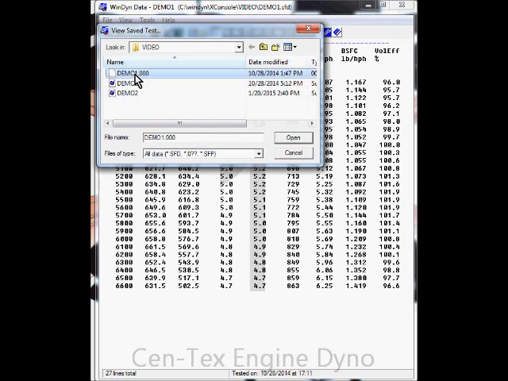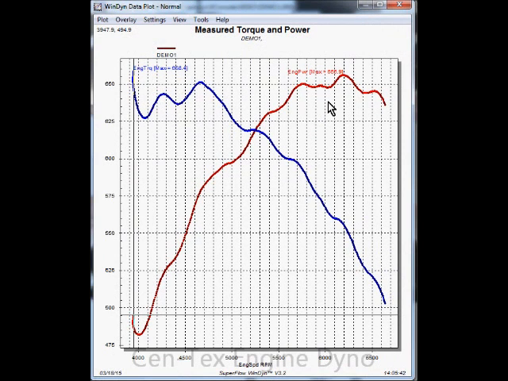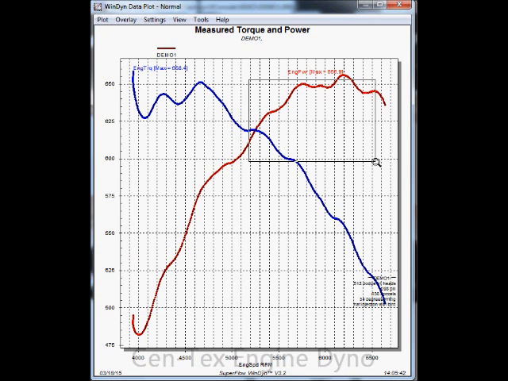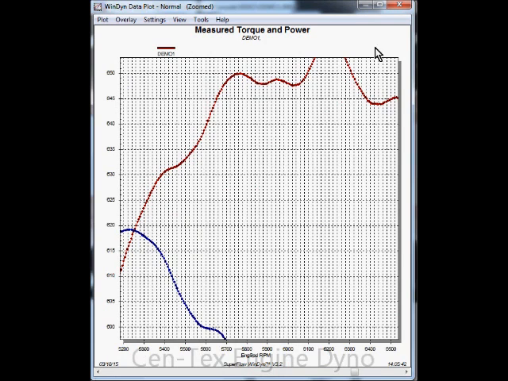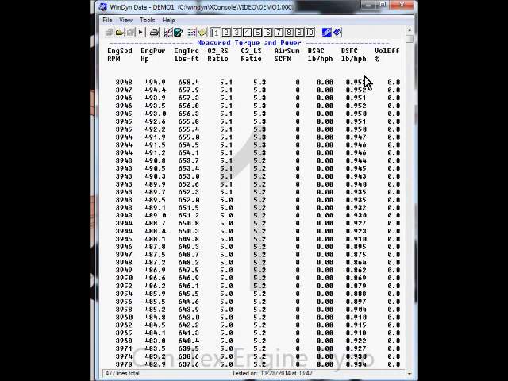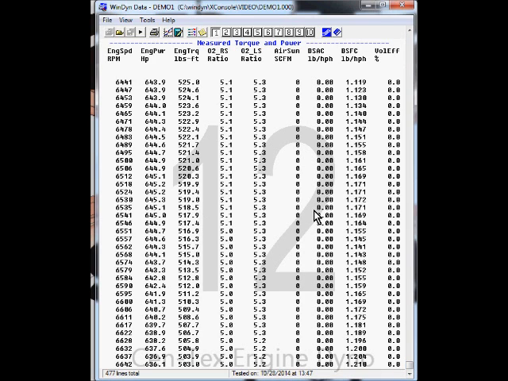Here we go. This is a data point. You'll see these lines are thicker, because if you zoom in here real quick, you'll see they're even thicker. But anyway, this list is page 1, and it's literally collecting data every RPM, sometimes 3 times in 1 RPM, and you end up with 12 pages of data.